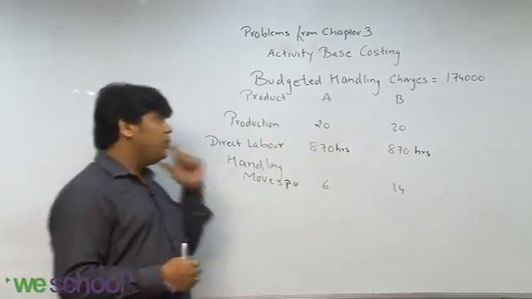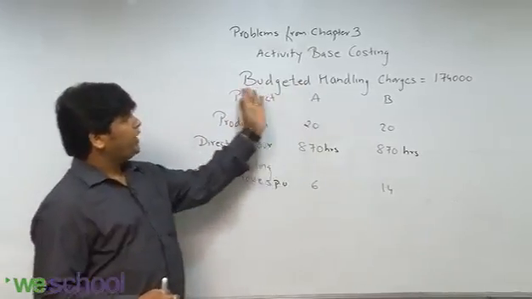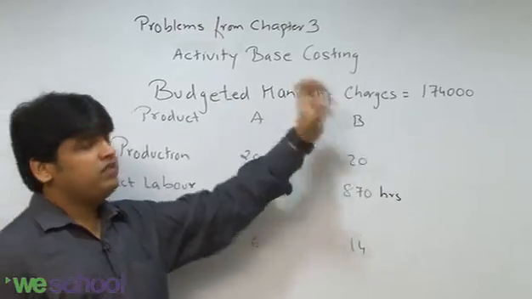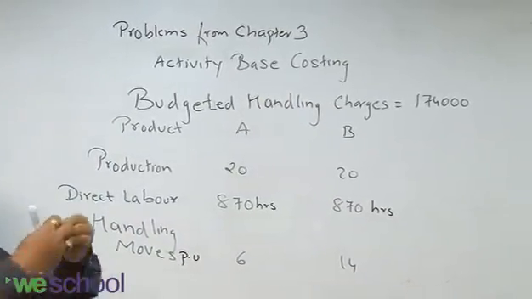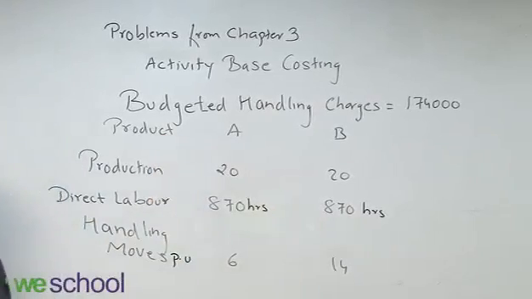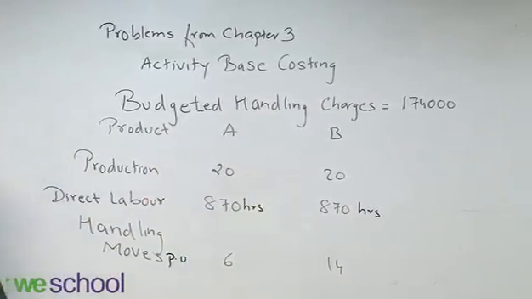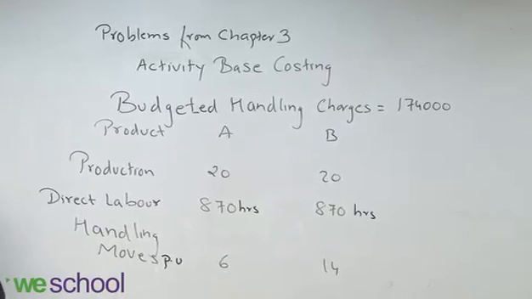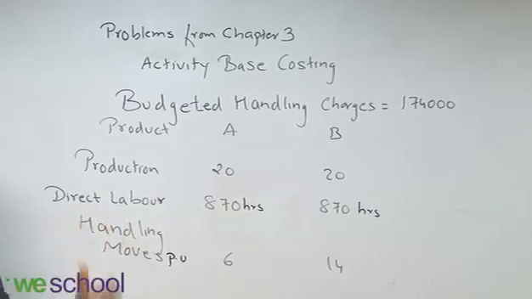So this is the example, product A. Now I have to distribute this expense, budgeted handling charges, which is 1,74,000. I have to distribute this expense among both the products. In the traditional costing method, I may distribute the budgeted handling charges on the basis of total labor hours.